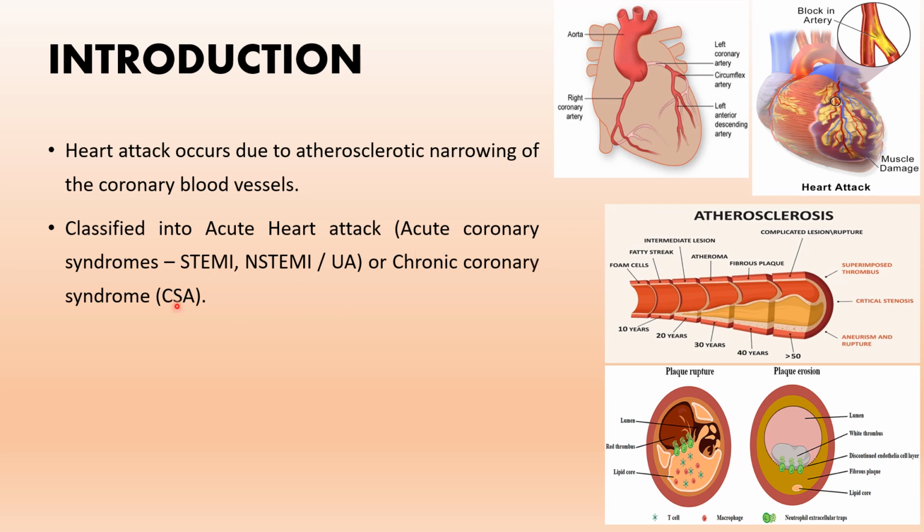Whereas in chronic coronary syndrome, like chronic stable angina, this does not happen. There is gradual accumulation of fatty deposits in the blood vessels, and slowly the lumen becomes very narrow, and finally completely occluded. So this is the difference between acute heart attack and chronic coronary syndromes.